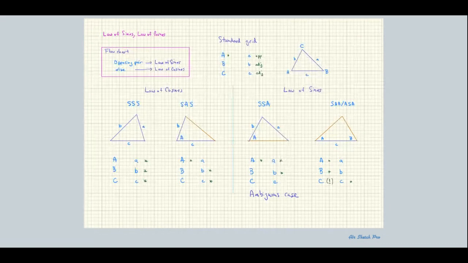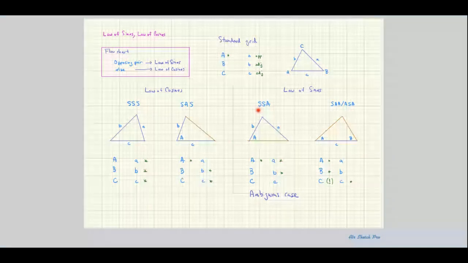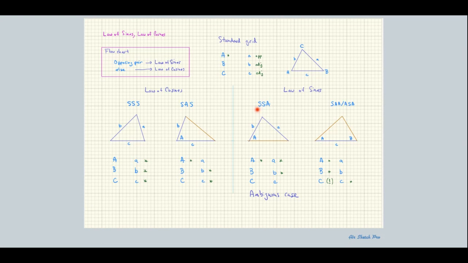Okay? So again, if you have three sides, law of cosines. Two sides, law of cosines or law of sines, depending upon whether you have an opposing pair. And if you have an opposing pair, you're in the ambiguous case, the angle side side case.